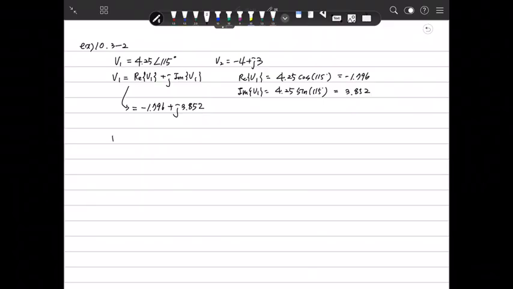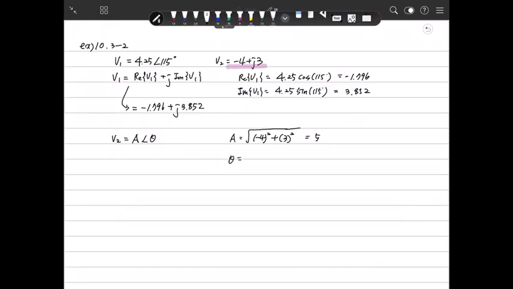Then I want to change V2 to the magnitude and phase form. What is A? Because this is the rectangular form, we can use the square root of minus 4 squared plus 3 squared. That will be 5.